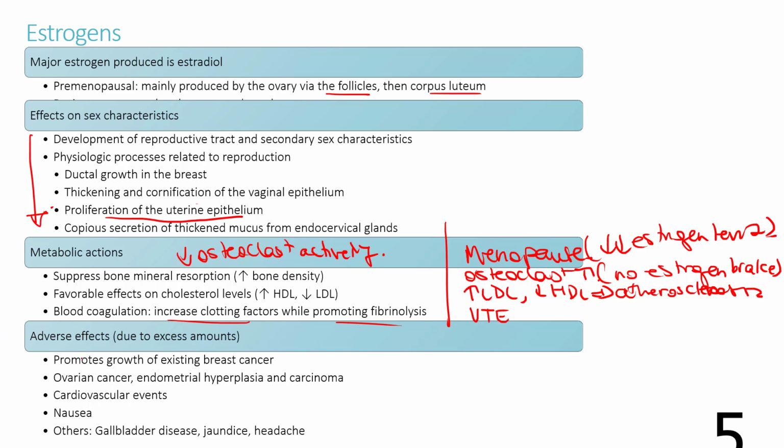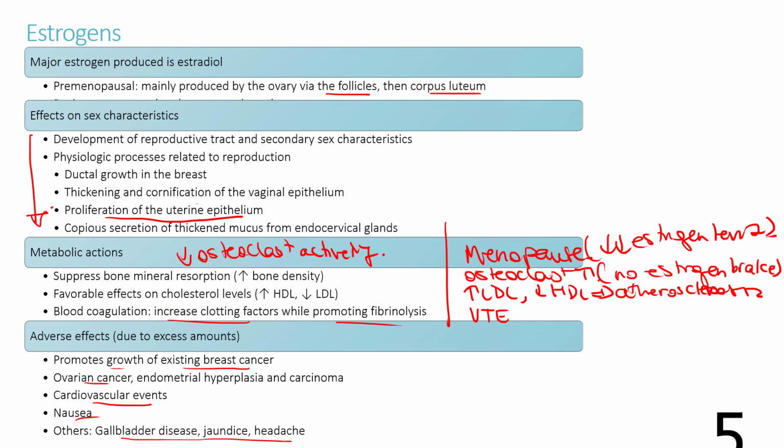Some of the adverse effects due to excessive amounts, again, promote growth of pre-existing breast cancer. It has been shown to increase the risk of ovarian cancer as well as endometrial cancer, cardiovascular events, nausea, and it also causes gallbladder disease, jaundice, and headaches.